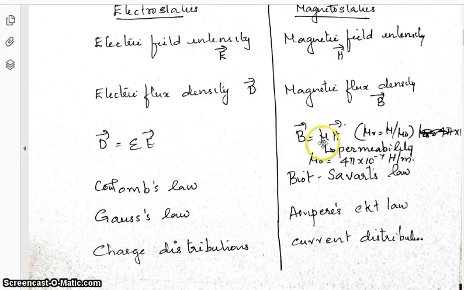B is equal to mu H. We know mu R is equal to mu by mu 0. So from that, mu is equal to mu R mu 0. If the medium is air, then the value of mu R is equal to 1. Mu 0 is 4 pi into 10 raised to minus 7 Henry per meter.